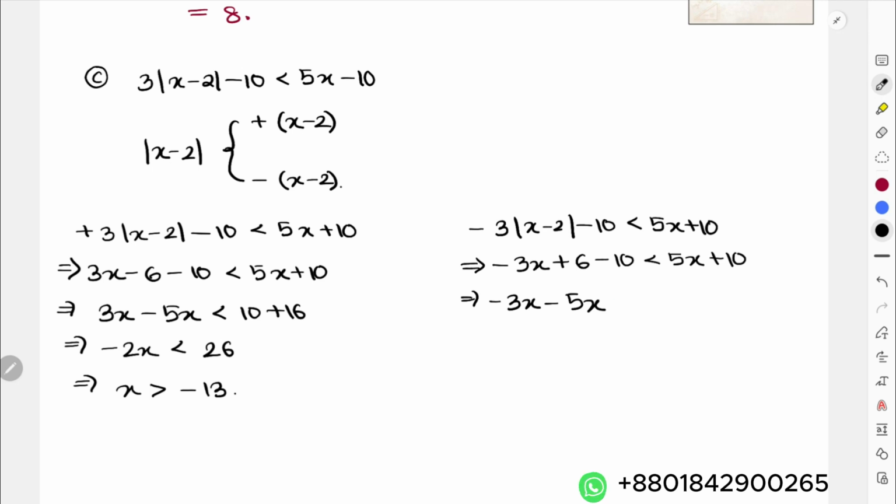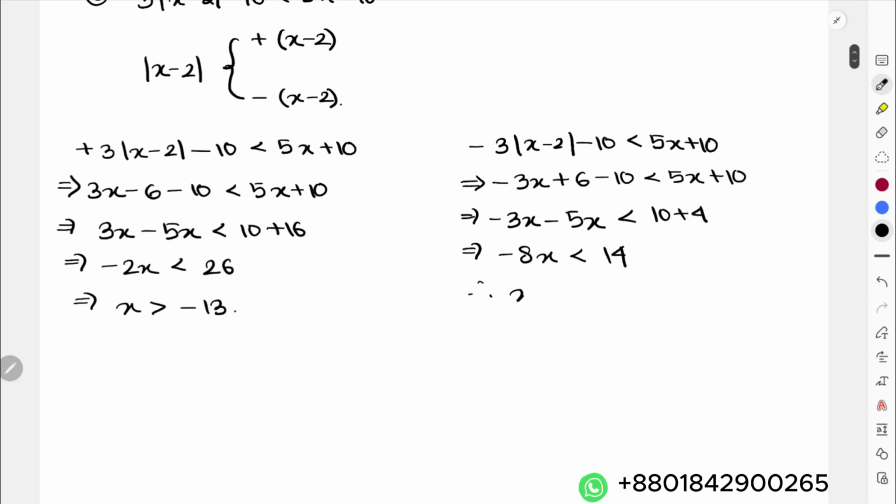You take this to the right hand side, you get 10 plus 4, right, which is going to be how much? 14. Then this is minus 8x less than 14, and finally you can get that this is again minus 8. It will get inverted as 7 by 4 negative, right? 14 over 8 actually leaves you with 7 by 4. Now these are the two inequalities.